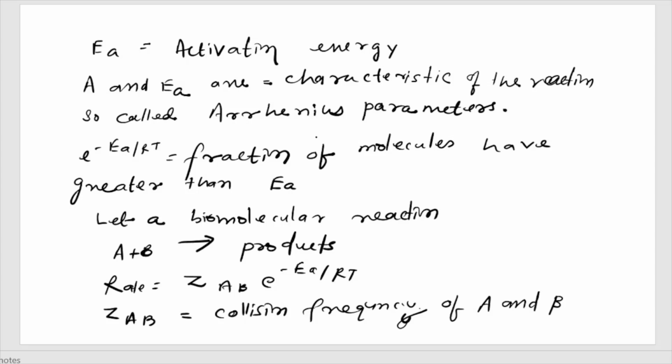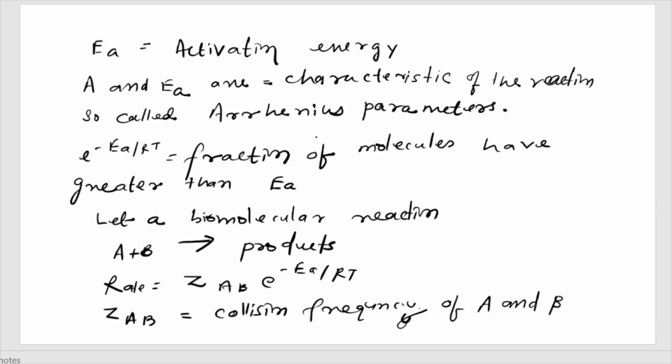From Ea, one can say what the characteristics of a particular reaction are. They are called Arrhenius parameters, because the scientist Arrhenius invented this equation. E to the power minus Ea by RT is the fraction of molecules having energy greater than Ea.